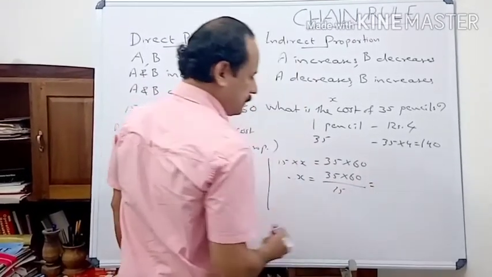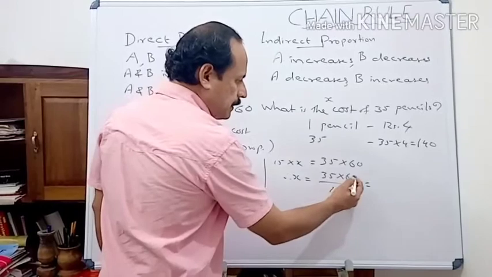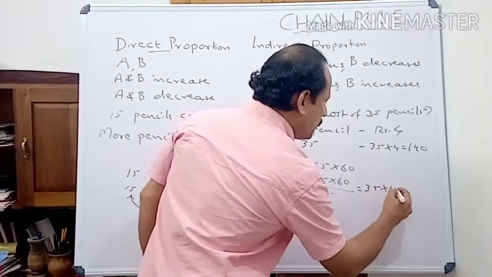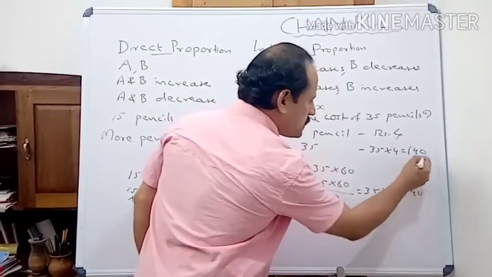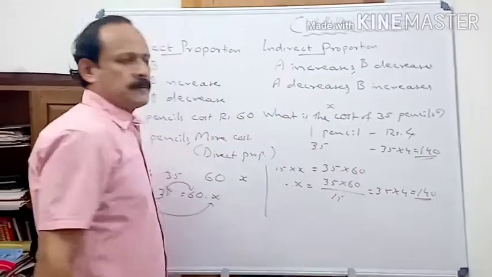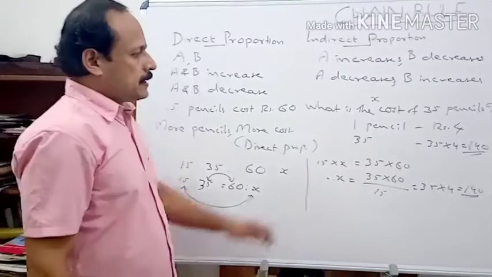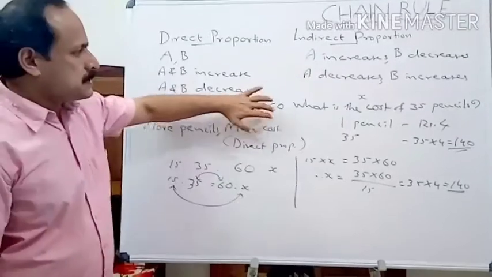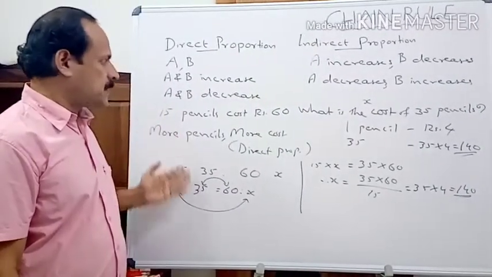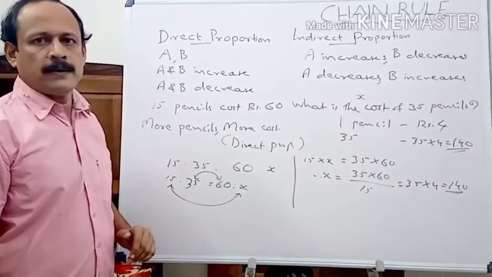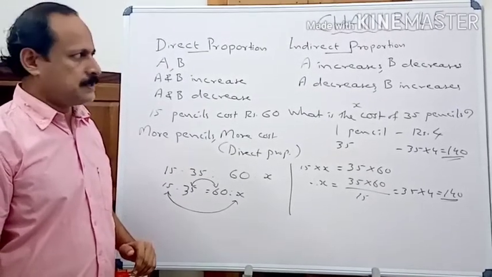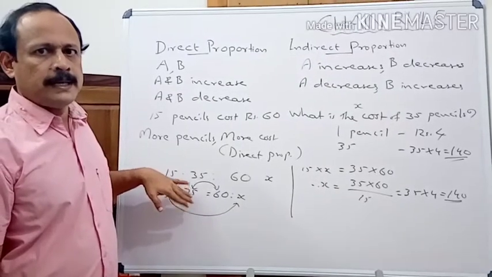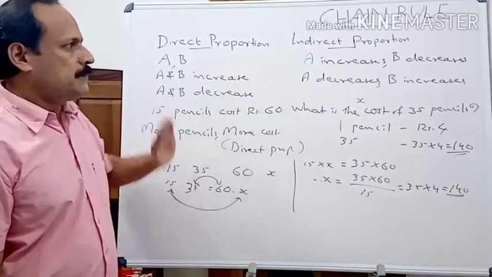We can cancel 15 from 60 and 15. Therefore, it is 35 into 4 equal to 140. The same thing we obtained in both cases. Thus, this question can be solved using the idea of direct proportion.